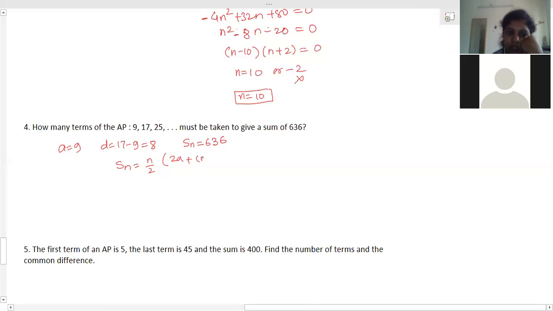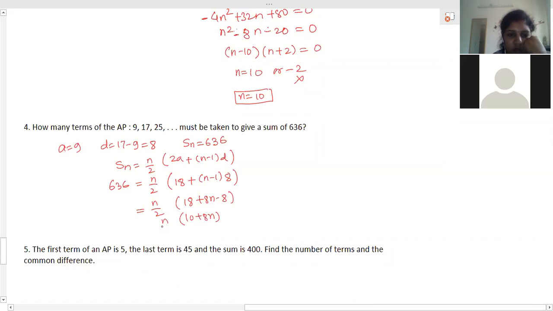2a plus (n minus 1) into d. That is Sn equal to 636, n by 2 into 2a, that is 18, plus (n minus 1) into 8. So it is n by 2 into 18 plus 8n minus 8, that is 10 plus 8n.